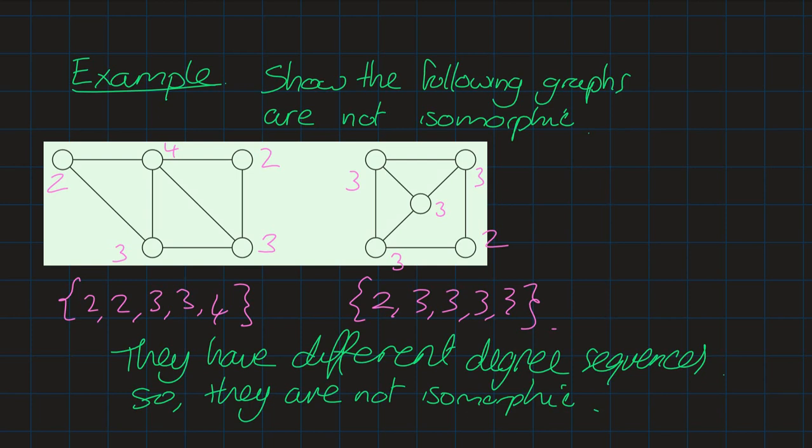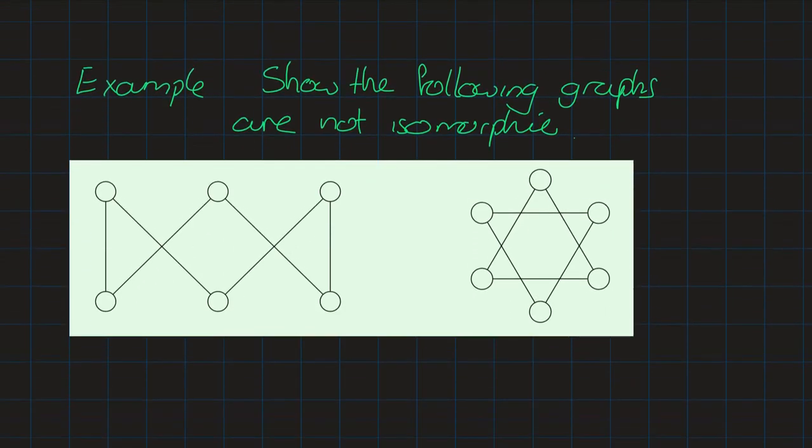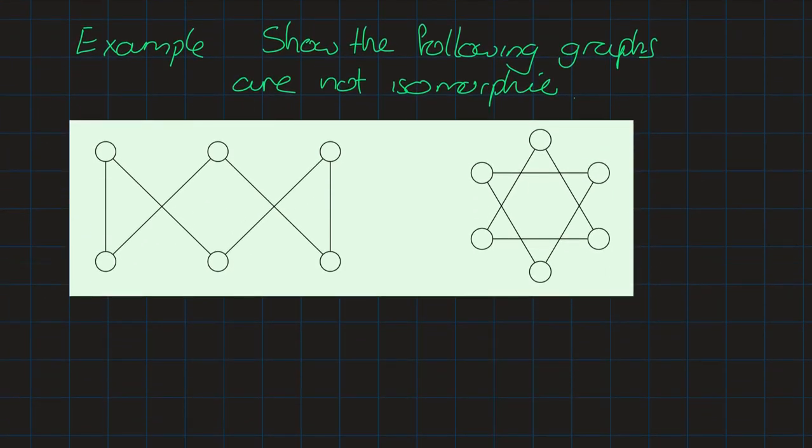This is what I mean by sometimes it's easier to show that they're not isomorphic than to show that two graphs are isomorphic. Let's do another example. Okay, show that these two graphs are not isomorphic. So again, start with the easy criteria. The one on the left has 6 vertices, the one on the right has 6. Okay, how about edges?